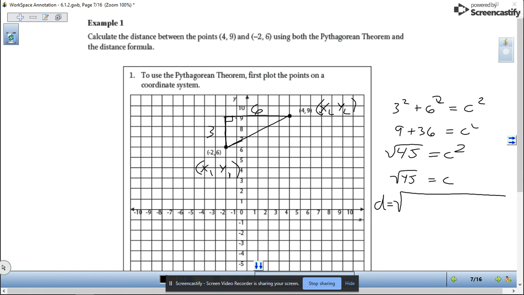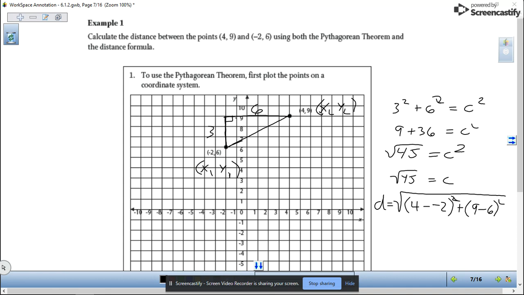The way the formula goes is it's x2 minus x1, so that's going to be 4 minus negative 2, squared, plus y2 minus y1 squared. So that would be 9 minus 6.